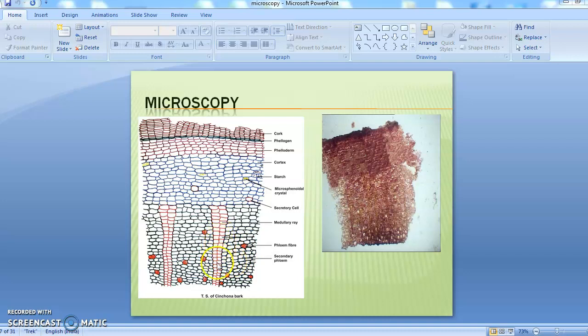Then the phloem fibers, these are large, fusiform, thick walled and lignified. These secondary phloem fibers are present in between the cells, and these are lignified cells.